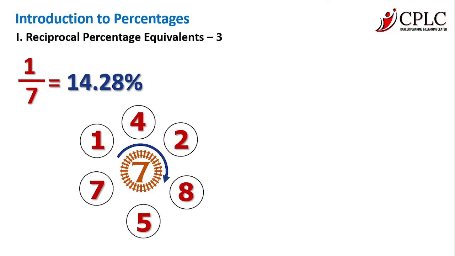To solve 2 by 7, for example, we should have simple common sense that 2 by 7 means we'll have to do 1 by 7 into 2, which is 14.28 into 2, and 14 twos are 28. So whatever is the answer of 2 by 7 will start from 2. So 2 by 7 becomes 2857.